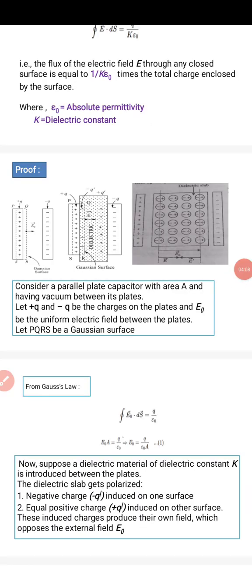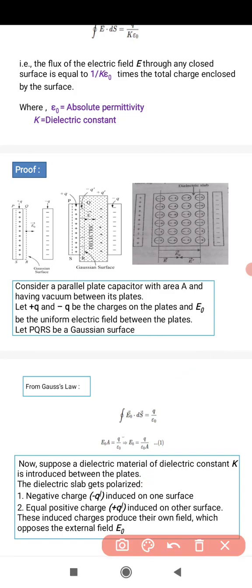Now suppose a dielectric material of dielectric constant K is introduced between the plates. The dielectric slab gets polarized. Between the two parallel plates the dielectric medium is introduced, and the dipole moments of the molecules take place.